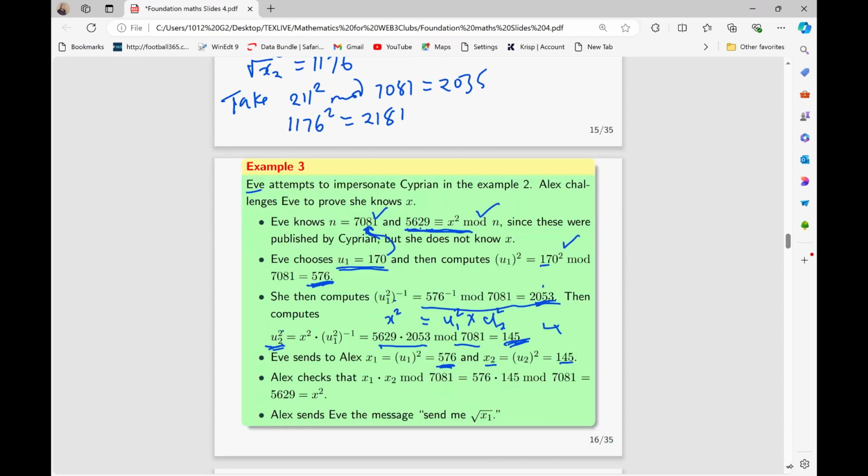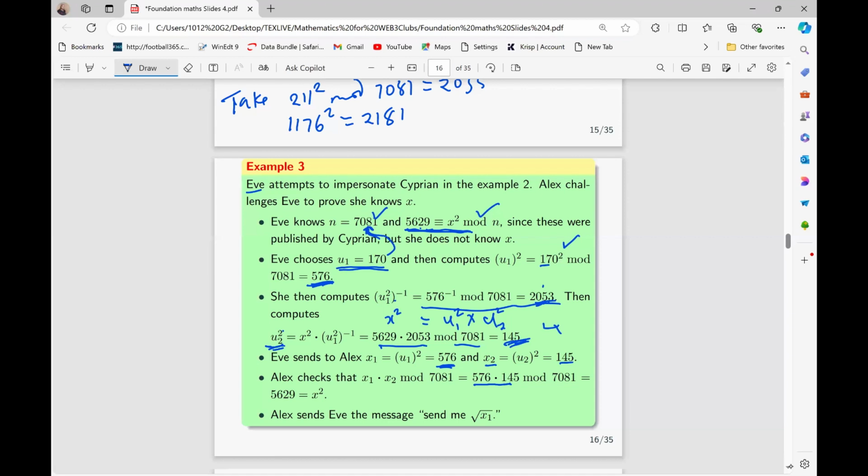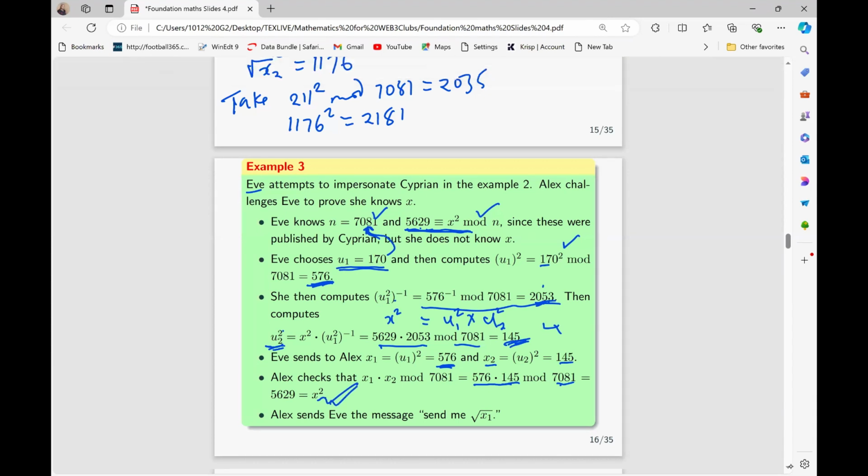So Alex confirms that x1 and x2 multiply mod 7081, and he finds it indeed gives him x squared. So up to there, she has scored something, because Alex is getting convinced along the way, but he has to continue with the verification process to the end. He has just confirmed that x squared, x1 and x2 gives him this. Now he asks her, give me the square root of x1.